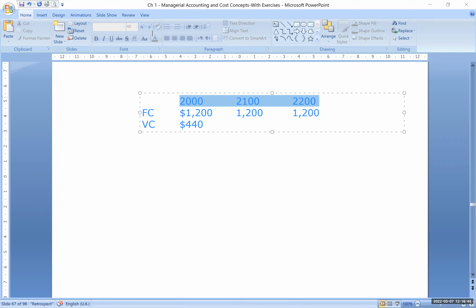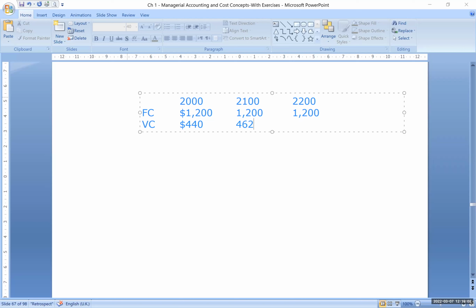For the second level, we need to say 0.22 multiplied by 2,100, which equals $462.